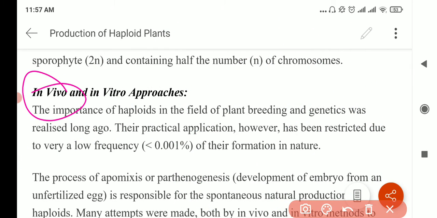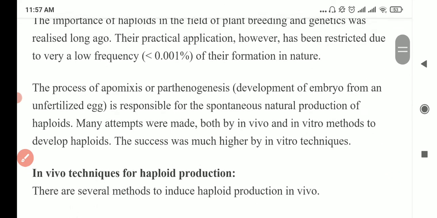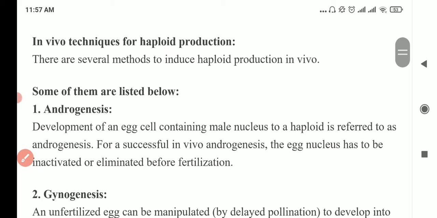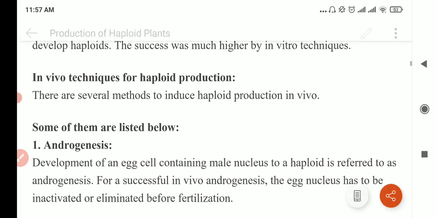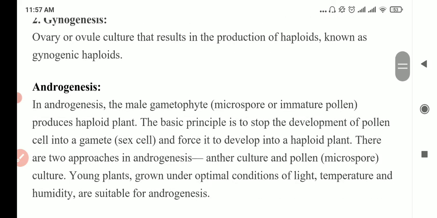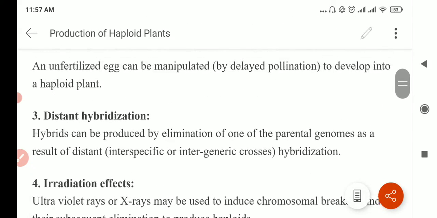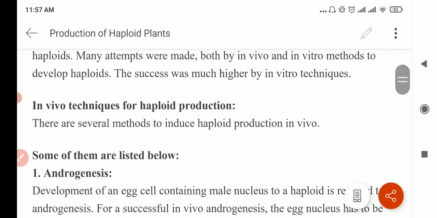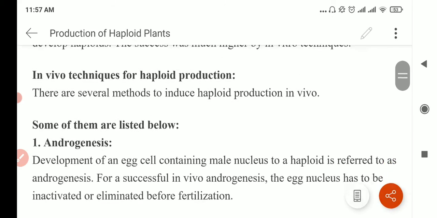Then if we look at the in vitro approaches, means in the lab. There are many. Let's look first at the in vivo techniques for haploid production.